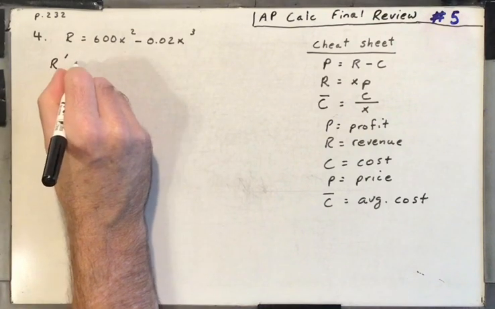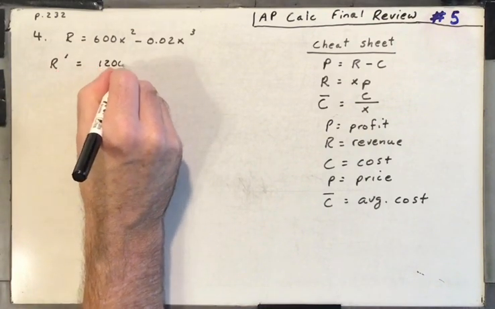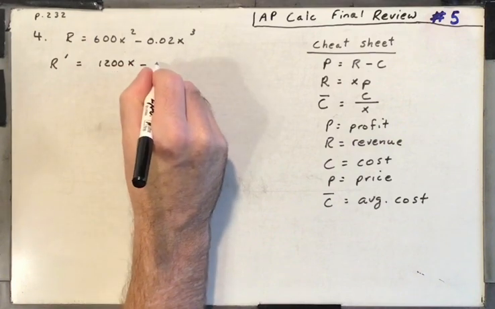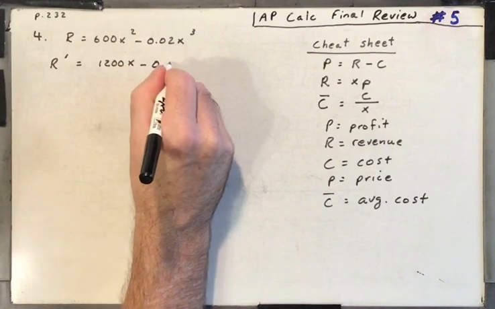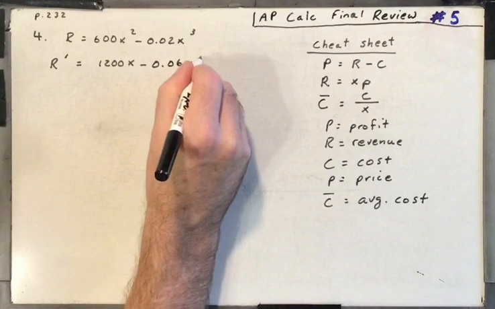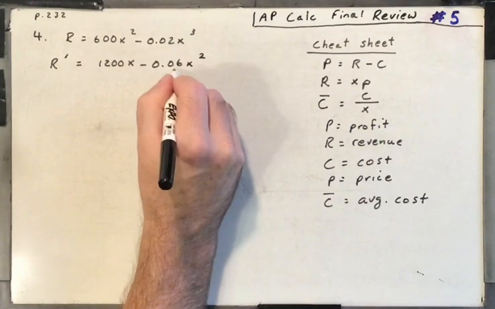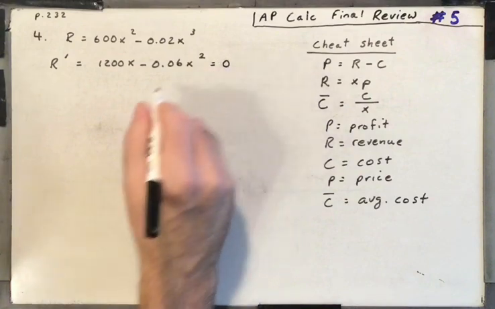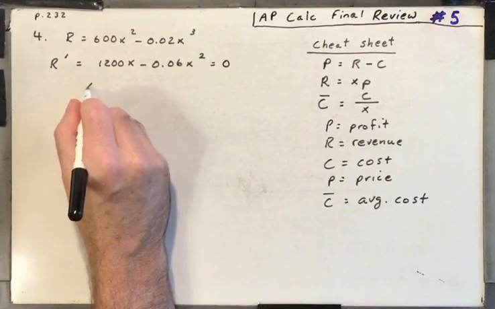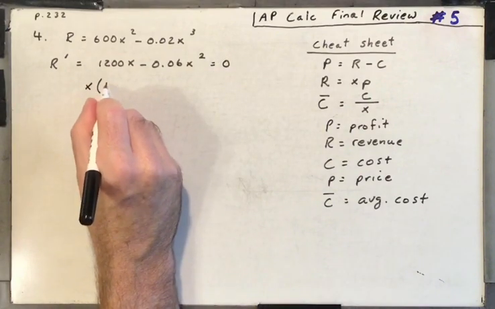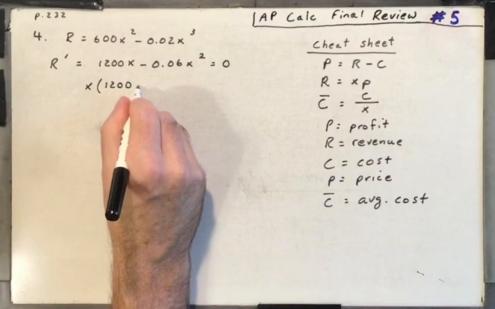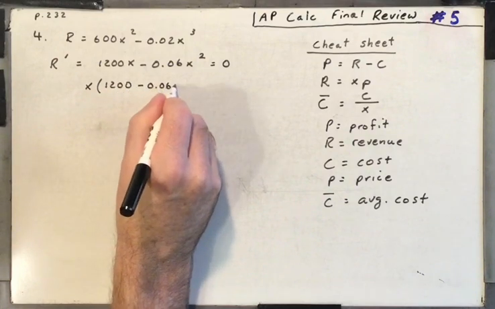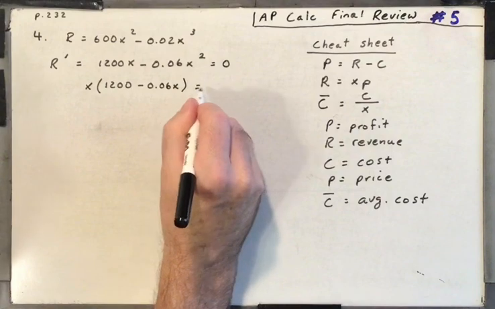So how do we find a maximum revenue? We take the derivative. That's 1200x minus 0.06x squared. 3 times 0.02 is 0.06x squared. Let's set that equal to 0. We'll factor out an x, and I'd have x times 1200 minus 0.06x equals 0.